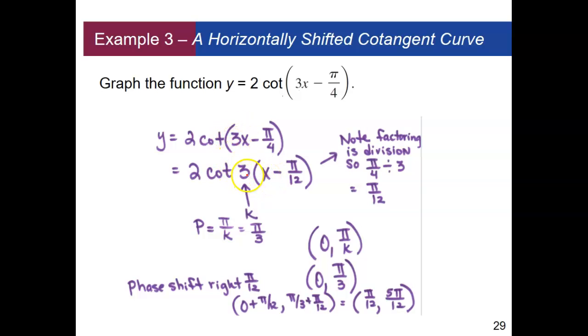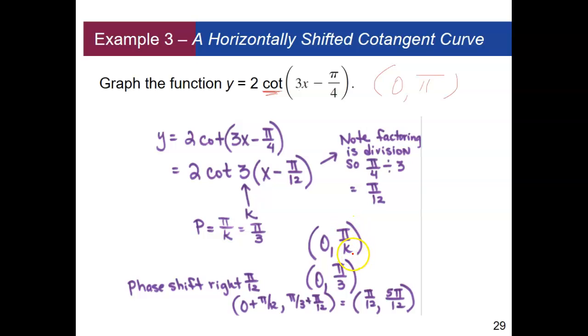So factoring is division. So we're going to take and divide this pi over 4 by 3. If I divide pi over 4 by 3, I'm going to get pi over 12. So I end up with a k of 3, and I also end up with a phase shift to the right pi over 12. Okay. So with cotangent, we typically look at 0 to pi. But on these, because we have a k, it's going to be 0 to pi over k.